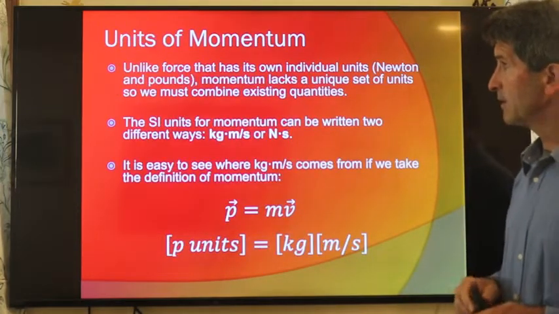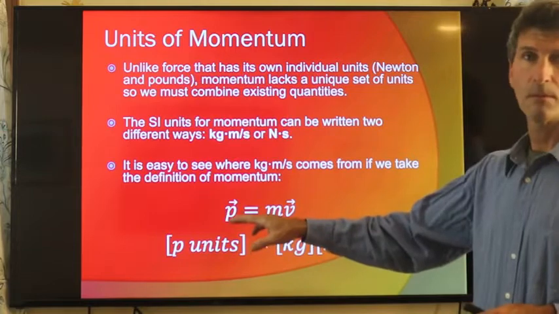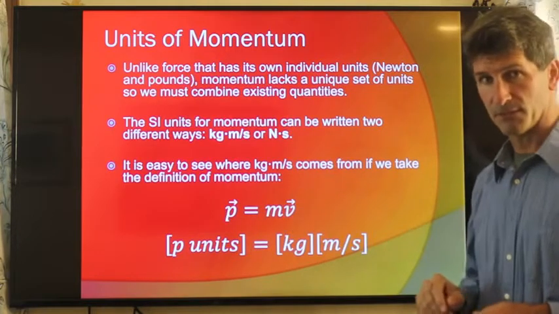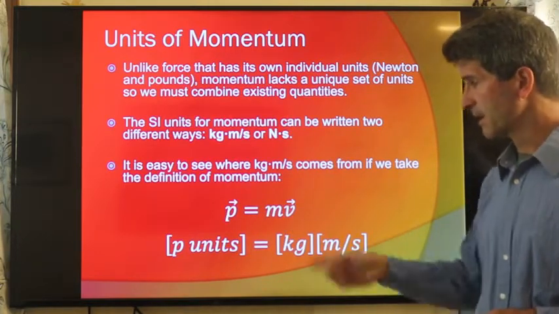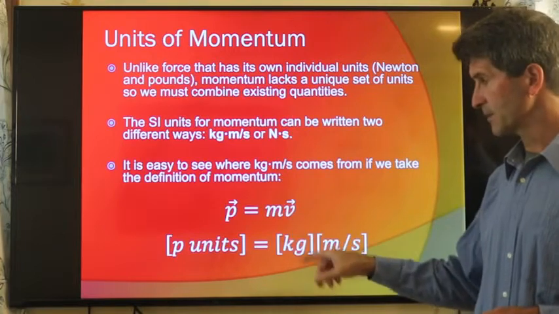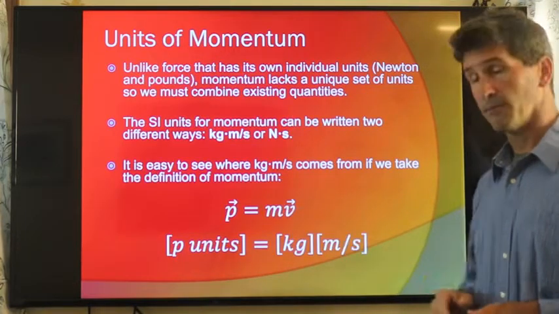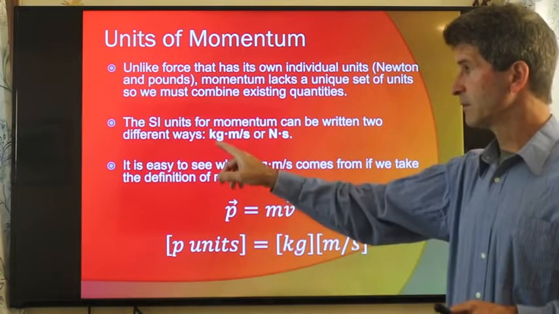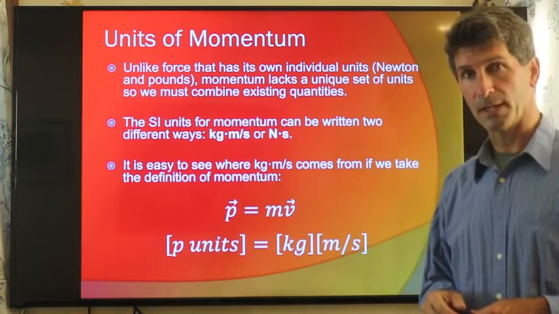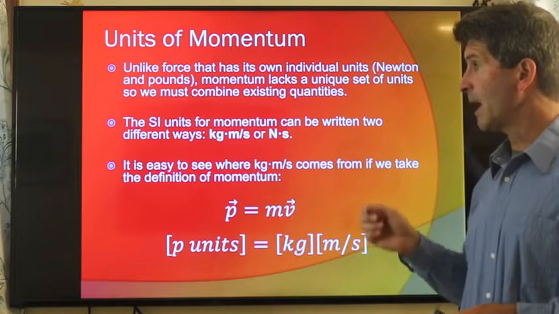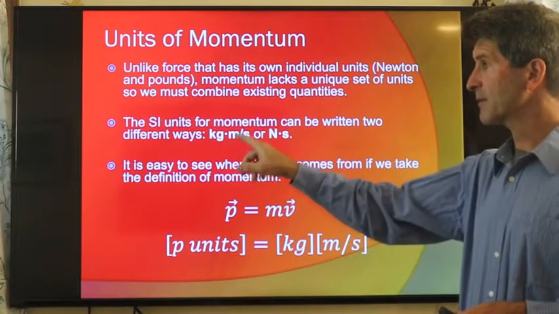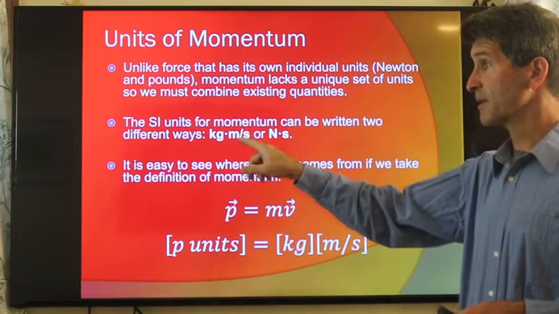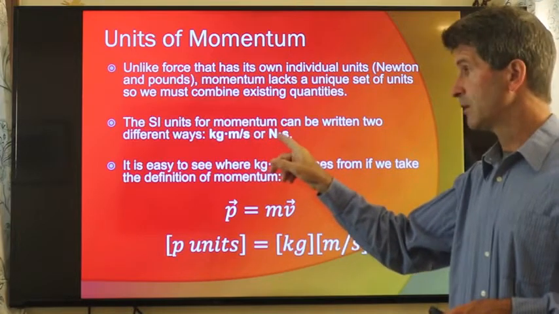Now, in terms of the units for momentum, momentum being the product of mass and velocity, it's fairly easy to see that with mass you have kilograms, and with velocity you have meters per second. What's not obvious is if you look at kilograms times meters per second, and you change kilograms meters per second to kilograms meters per second squared, you have newtons.